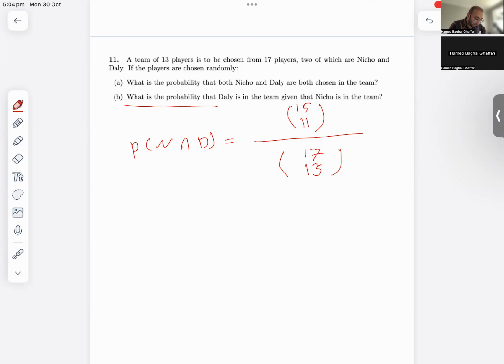Now, part B is about the conditional probability. What's the probability that Dali is in the team, given that Nico is already in the team?